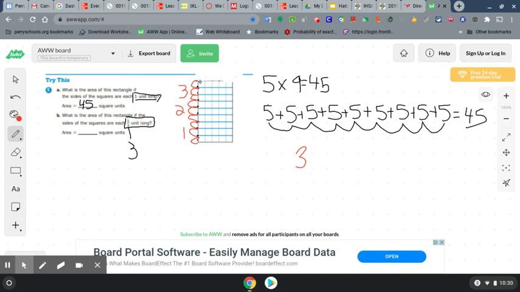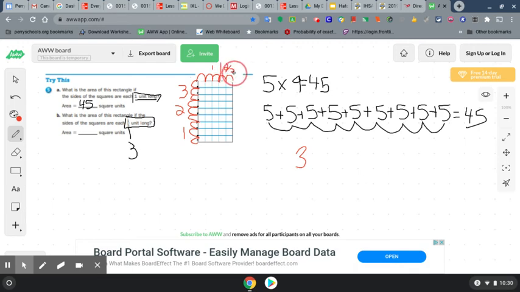Okay, and then I'm going to come up here and I'm going to do the length. And I'm going to go 1, 2, 3, and that is 1. Then I'm going to go 1/3 and 2/3. And so my new length is 1 2/3, right?